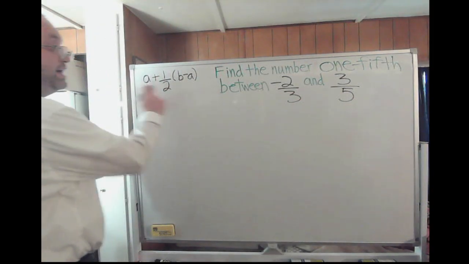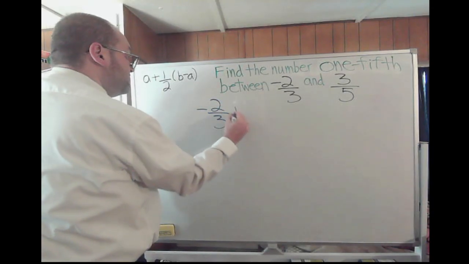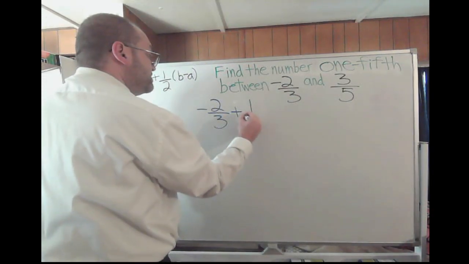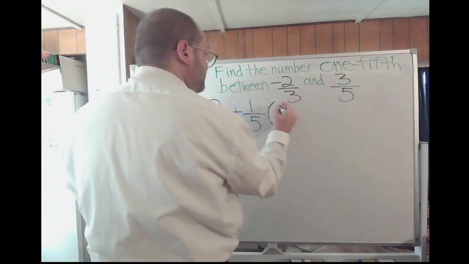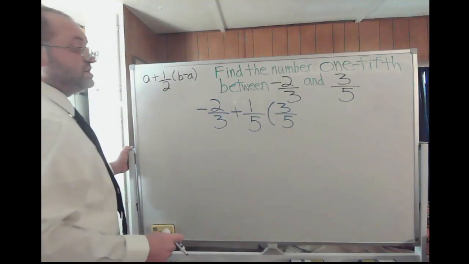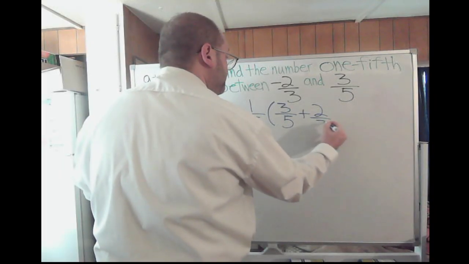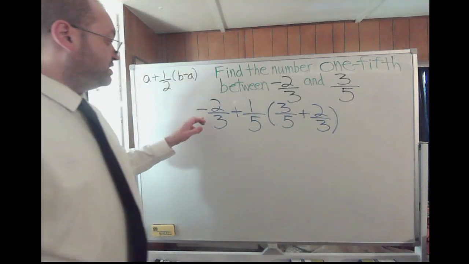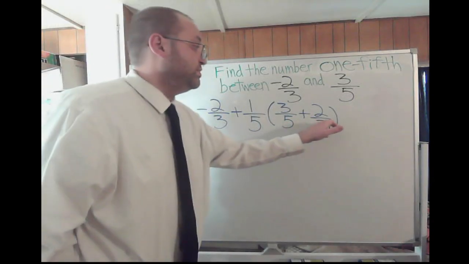So again, take your A, which is your -2/3, plus, now the number is 1/5 of the way between the two numbers, so your fraction's going to be 1/5, times your B, which is your second number, in this case 3/5, minus your A, which is your first number. Well, minus -2/3, that actually turns out to be +2/3. So your initial equation results in -2/3 plus 1/5 times a quantity of 3/5 plus 2/3.